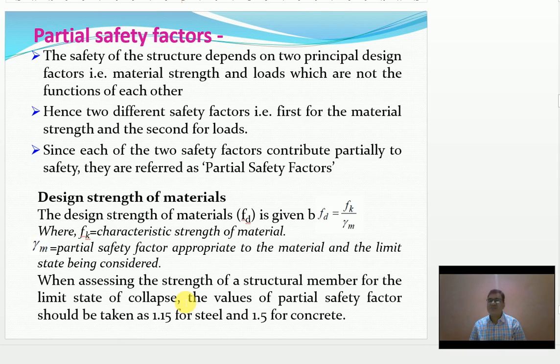Whereas for concrete, though the mix design is carried out in the laboratory, the actual casting is done on the site or in RMC plants. There are many factors which affect the strength of concrete, and some are many times beyond control. So obviously variation is more in concrete, and hence a higher factor of safety is considered for concrete as compared to steel.